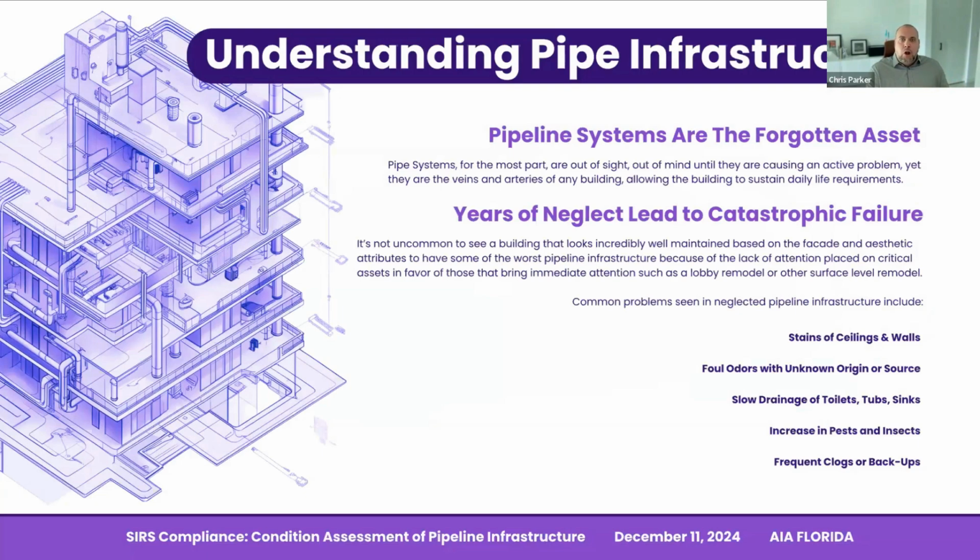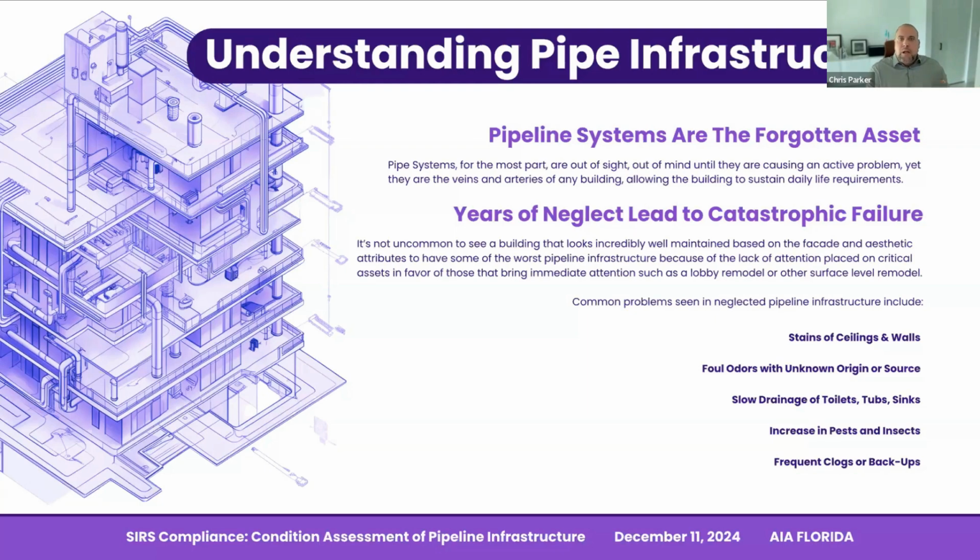They'll go through a large remodel, slap a new coat of paint in an area, but really almost no consideration to the pipeline infrastructure that's residing behind those walls, under those floors, that often are the arteries and veins of any building, allowing those residents, that building owner, to sustain daily life, whether that's from water, sewer, and a number of other things that could be moving through the building from a pipeline infrastructure standpoint.